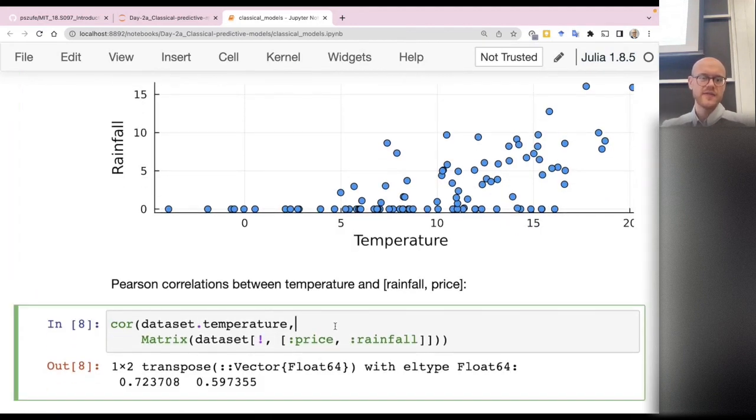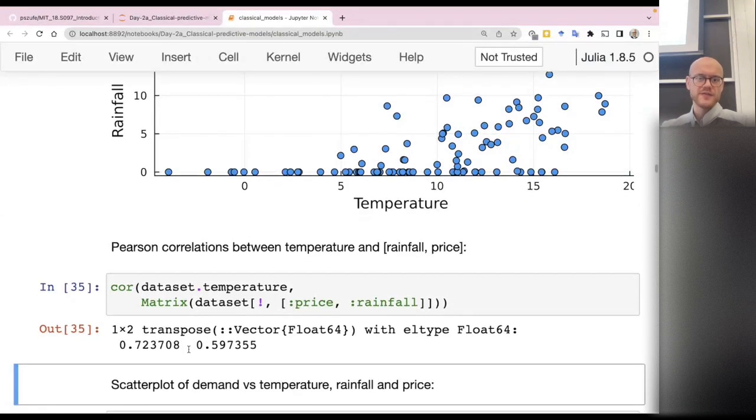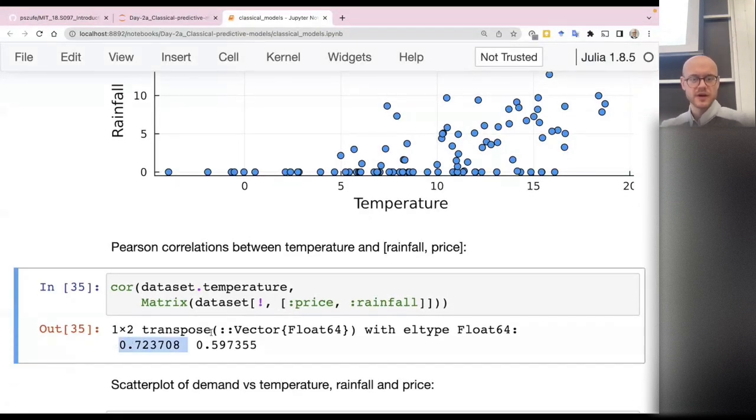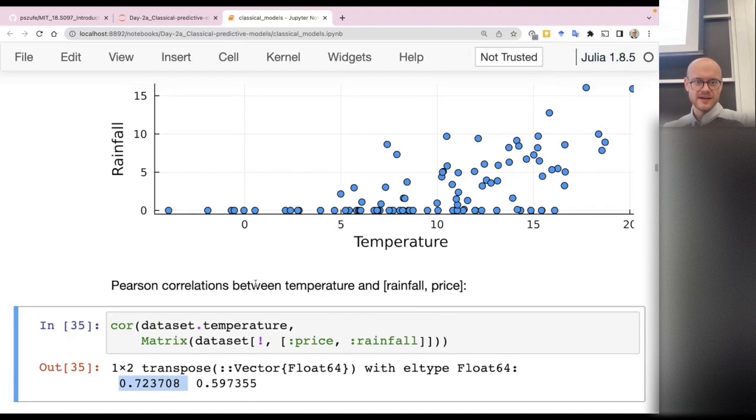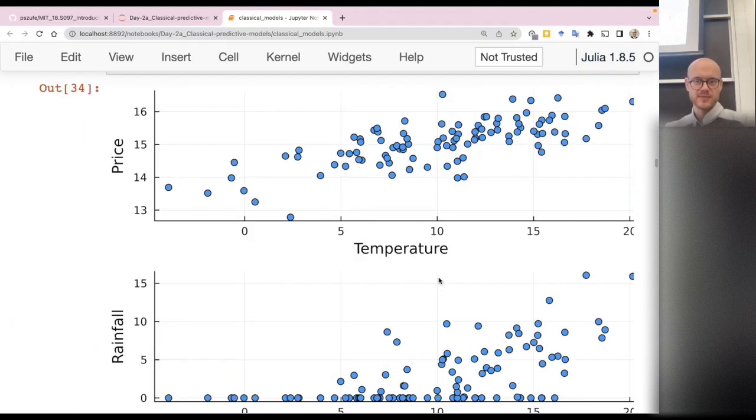Also, in the next cell, you see the correlation being computed using the cor function. You can see that the correlation between price and temperature is quite strong, 0.72. Correlation is between -1 and +1, so 0.72 is quite a lot. And we see nicely a strong linear relationship.